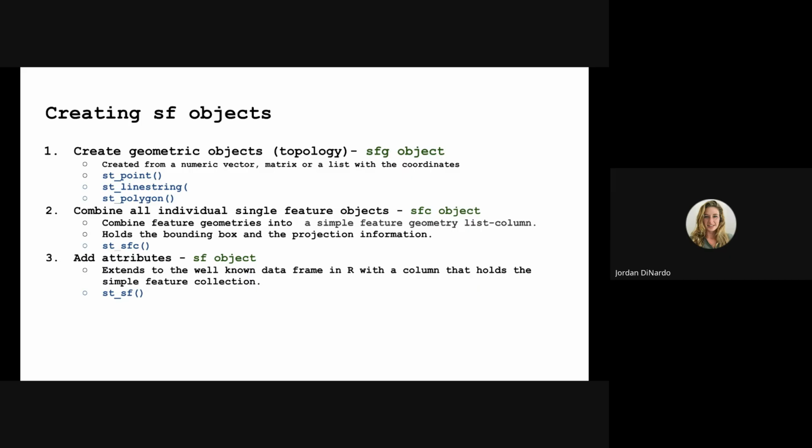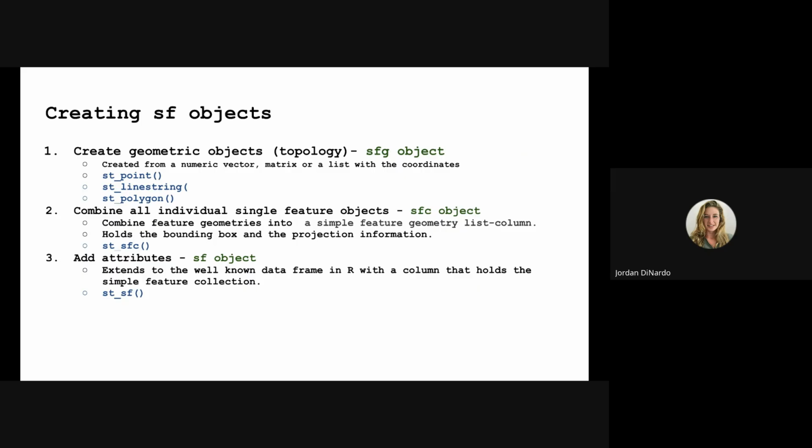So there are different ways in which you can create sf objects. If you want to create those sfg objects, which are just that single point, single linestring, or polygon, you will use these three functions here: st_point, st_linestring, or st_polygon. It's created from a numeric vector, matrix, or list with coordinates.